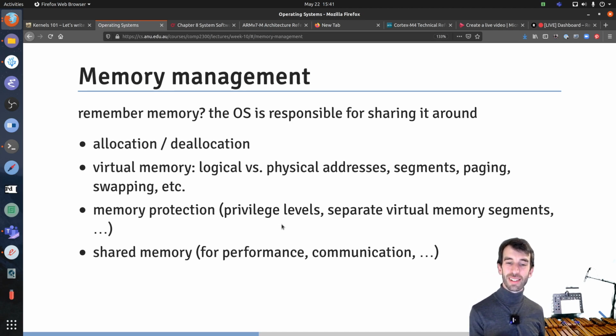So in some sense your OS would like to make it nicer for the programs, and it certainly doesn't want to give programs access to memory that other programs are using. So we get to this concept of virtual memory, where there'll be physical addresses on your memory itself, but the programs don't have access to that. The programs have access to some logical memory addresses which are given to them by the virtual memory system. So the programs themselves don't actually know where in physical memory they're located.